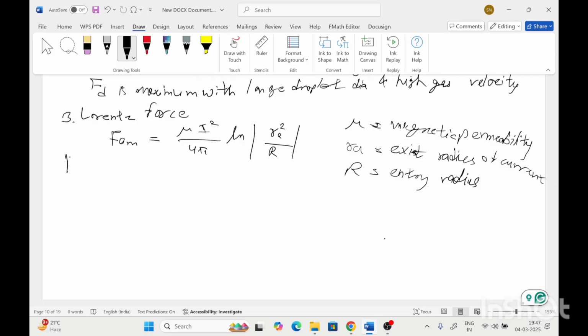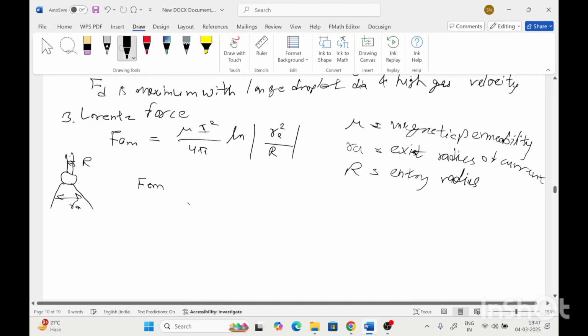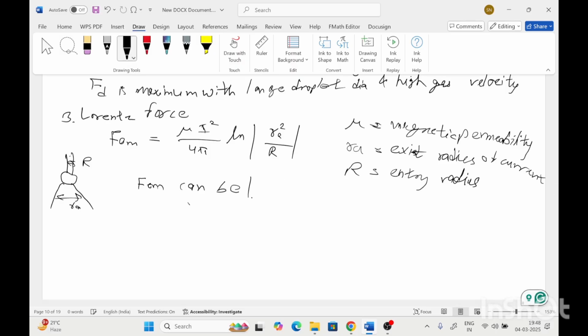This is the capital R, and this is the RA. So FEM can be large, up to 0.02 I square.